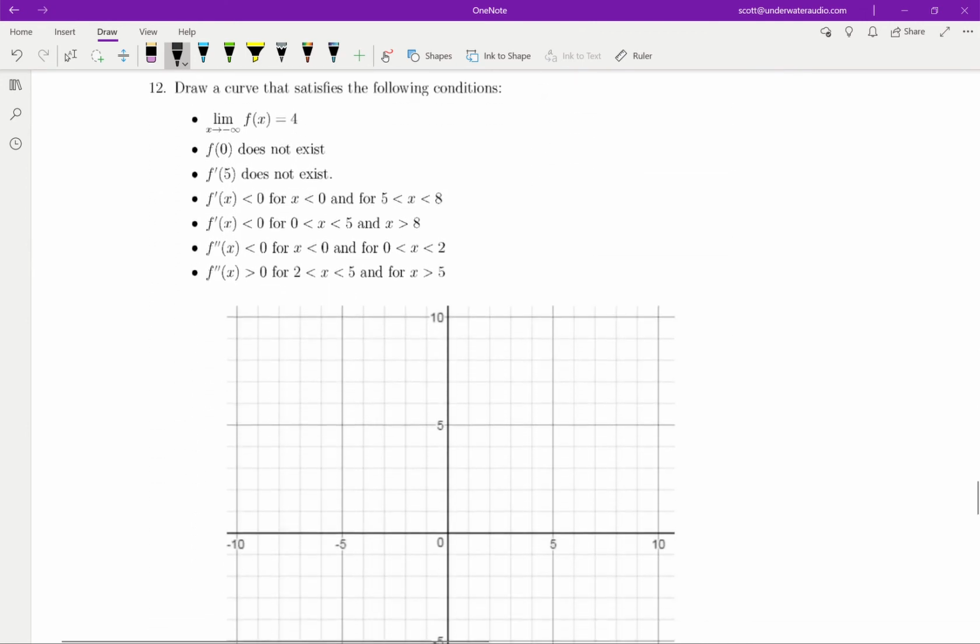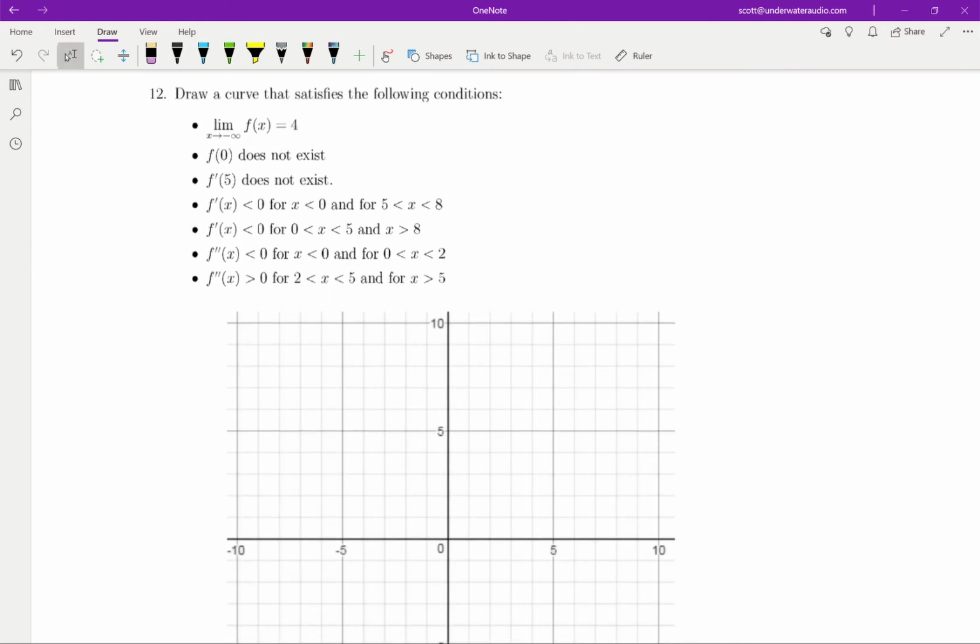Let's see. Number 12. Draw a curve that satisfies the following conditions. So hopefully you saw on the discussion board, but I'm actually not going to grade this one. There's a mistake right here. This actually should say that the derivative is positive for x between 0 and 5 and x greater than 8.